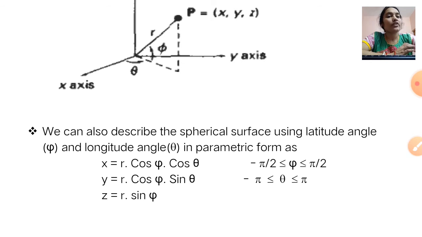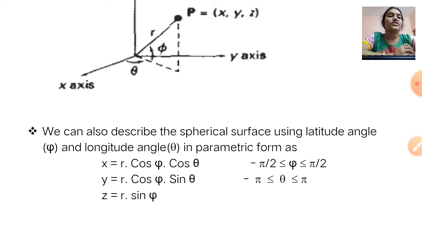According to the latitude and longitude angles in parametric form, the coordinate value x equals radius r into cos phi into cos theta, and y equals radius r into cos phi into sin theta.